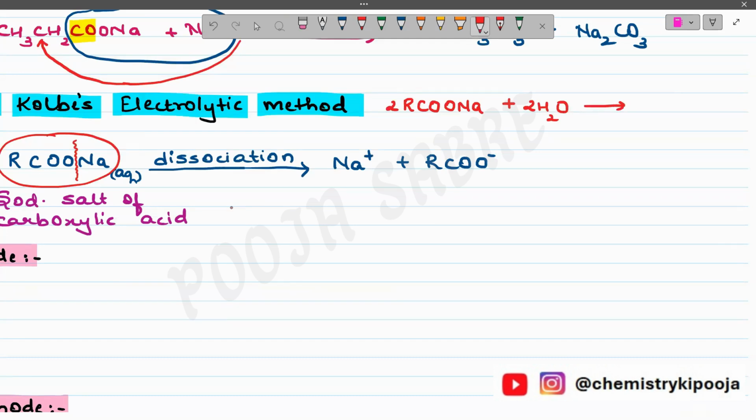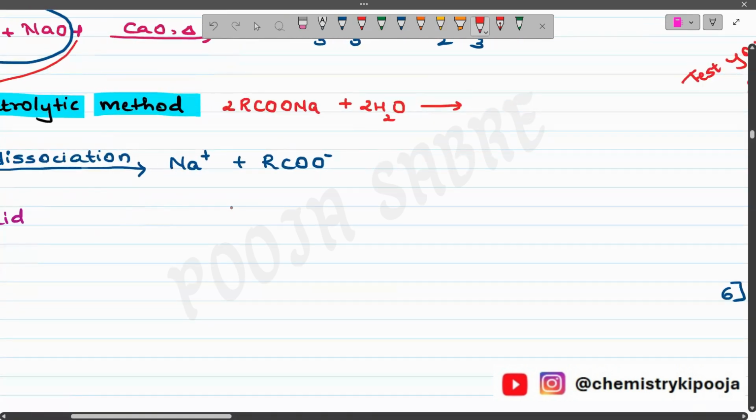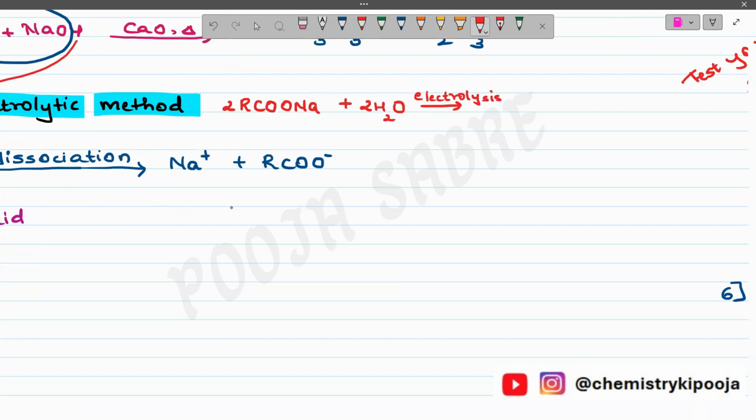This will undergo electrolysis. And then for the products, suppose I write this H2O as HOH, H and OH.